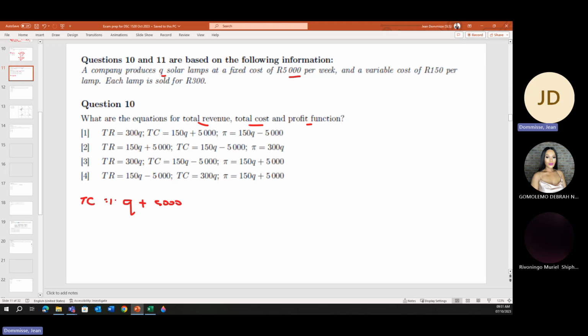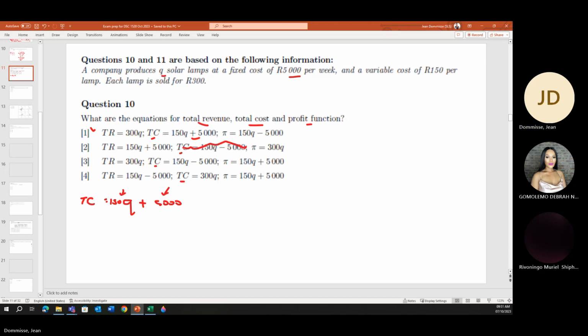Okay, so there's the variable cost, there's the fixed cost. So I can now already go to total cost where it's all in these functions. I can say, okay, total cost 150Q plus 5,000. Okay, so this one seems correct.